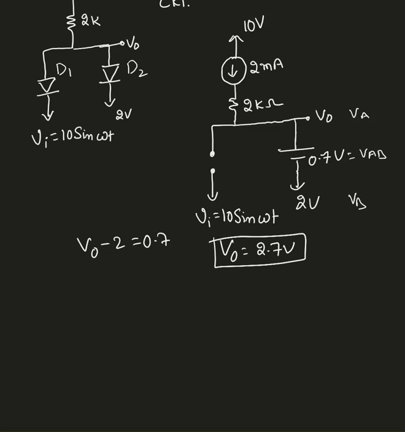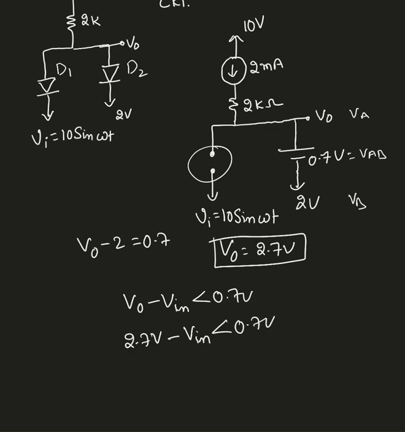Now I need to find the condition: what must the Vin value be for us to end up with this V0 value. Here I assumed D1 is open. When is that going to be open? When V0 minus Vn is less than 0.7 volts, only then is this diode open. I know V0 equals 2.7 volts, so 2.7 minus Vn must be less than 0.7 volts.